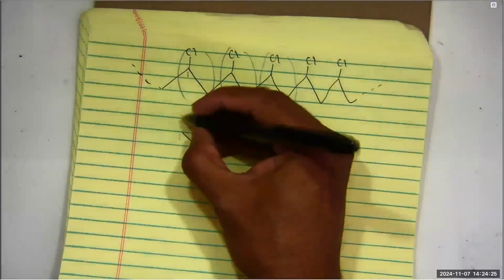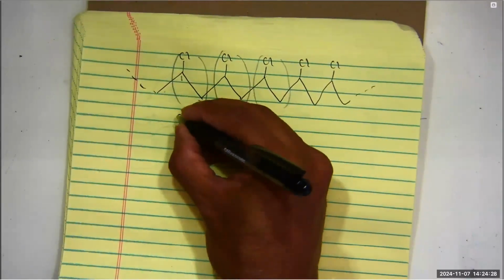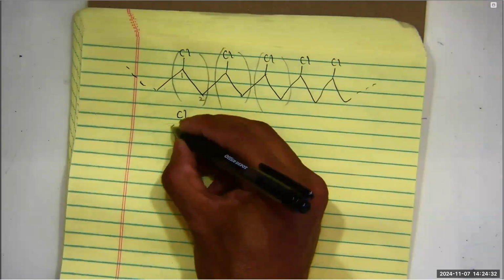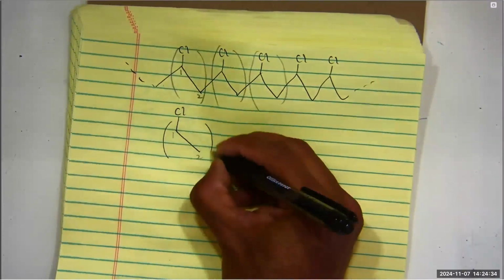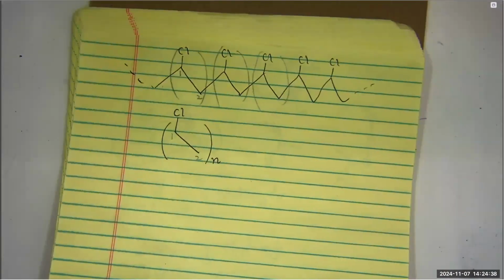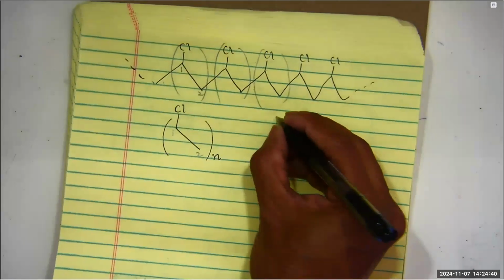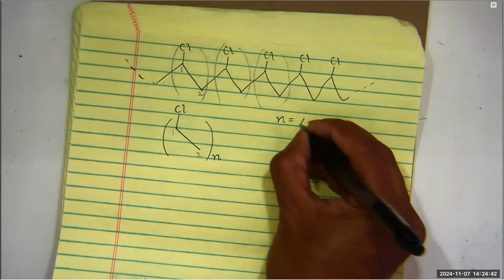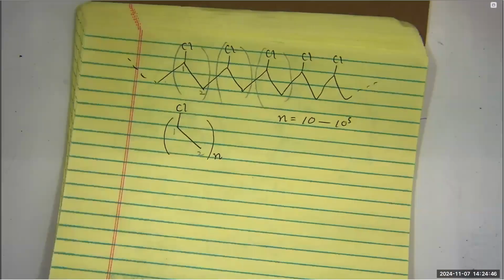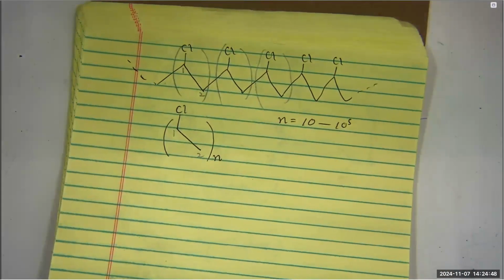To the first carbon atom, we have a chlorine bonded. Then I'm going to draw a parenthesis around it, and I'm going to write subscript n. And this n is a whole number that can range from 10 to, I don't know, millions or something like that. It can be a large number.